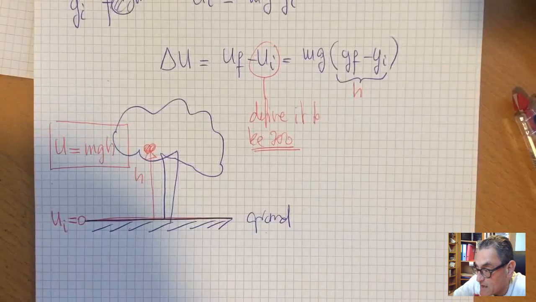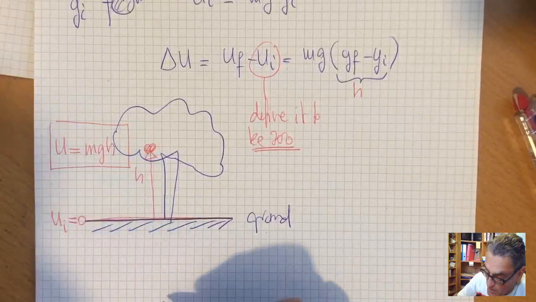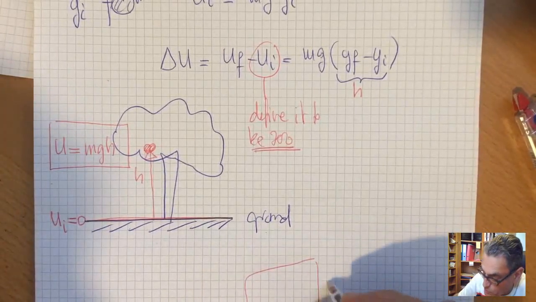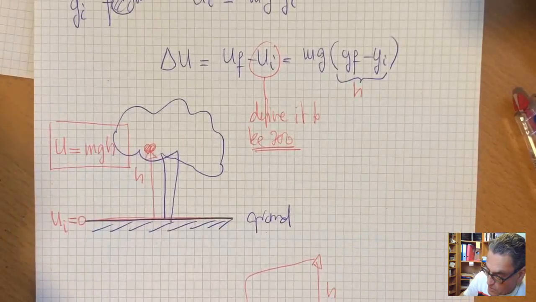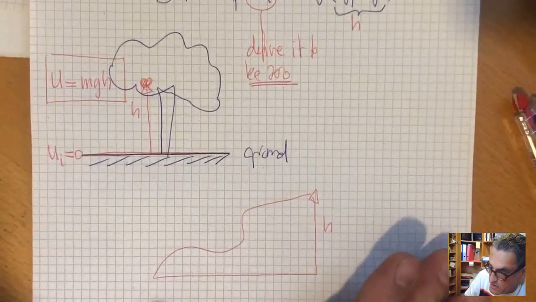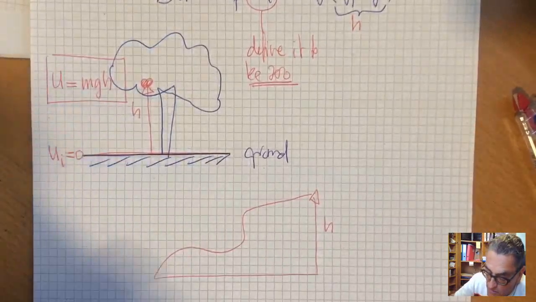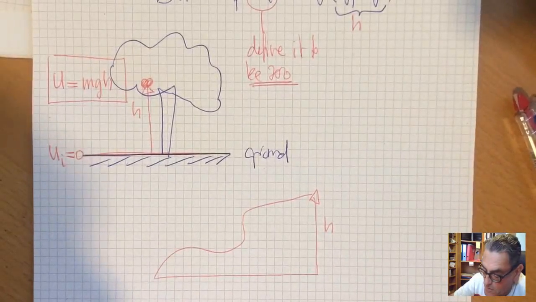And this is exactly what we did for the car. If you remember, for the car there was the mountain path, but we just took the height, because traveling horizontally doesn't make a difference. I will get into more details on that in the next section. For the moment I just want you to remember that expression.